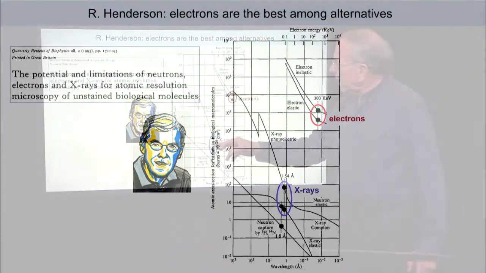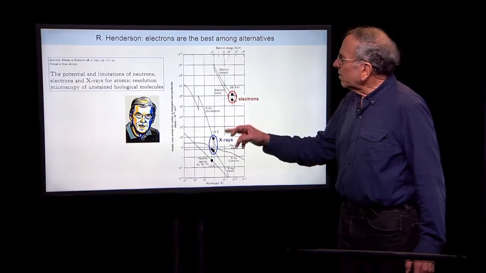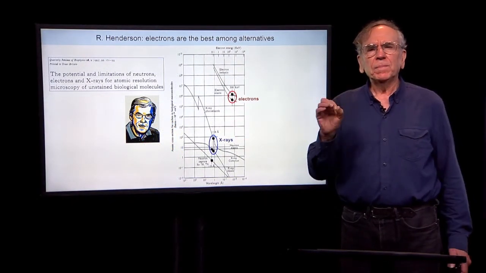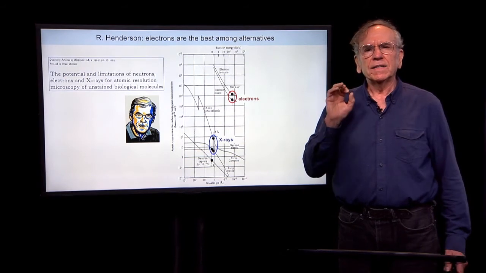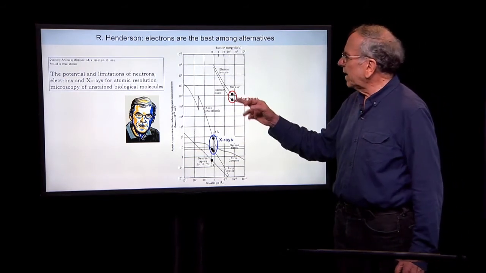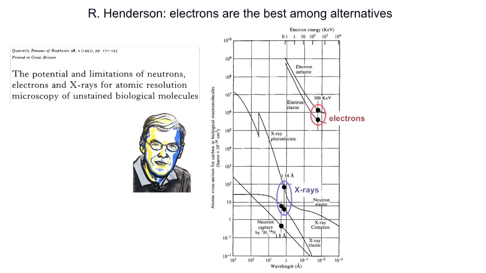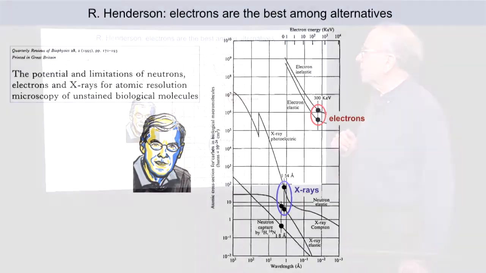First, electrons have a cross-section, that is a probability of interaction with an atom that is many orders of magnitude higher than that of X-rays. And that means that electrons interact strongly with matter and are appropriate for things on the order of 100 nanometers in size and not appropriate for much thicker specimens.